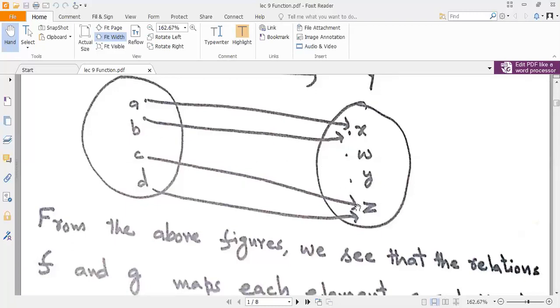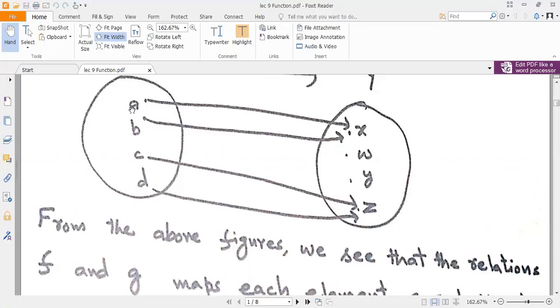C's image is also Z, only one unique image. D's image is also Z. It means the image of any element of X is not repeated. But there are some elements in Y that are not mapped, so no problem.